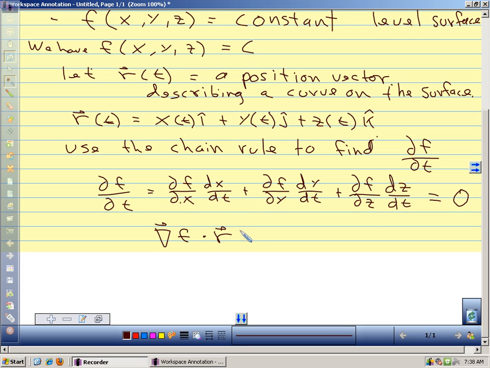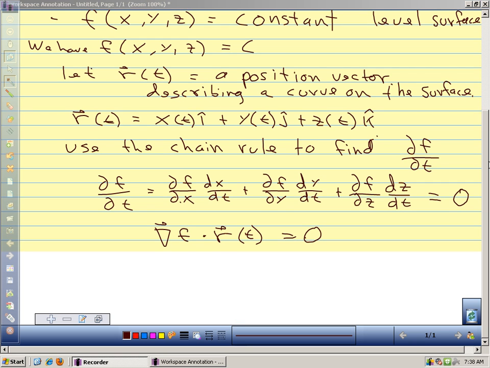This is del f dot r prime of t. So the dot product of the gradient and the velocity vector, if we think of r as a position vector, is 0. What does that tell us about the gradient and our velocity vector? They're orthogonal.